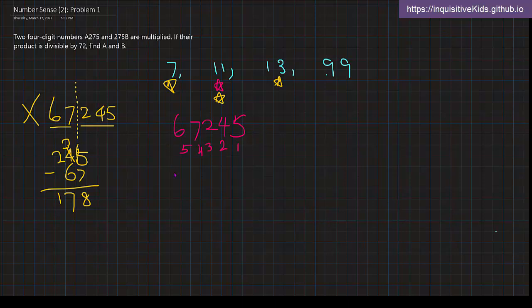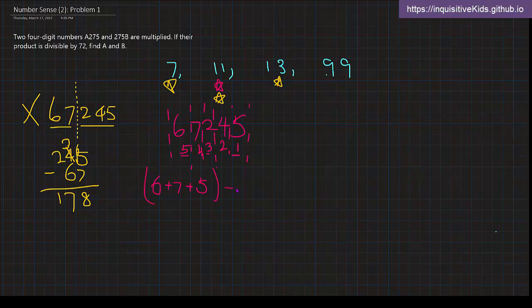Now what you're going to do is take all of the odd numbered digits. So in this case, that would be 6, 2, and 5, right? Because they're in the odd place values, and we're going to add them. 6 plus 2 plus 5, okay?